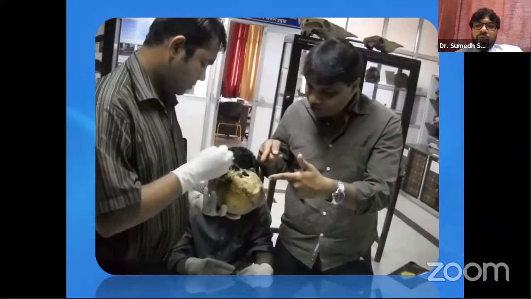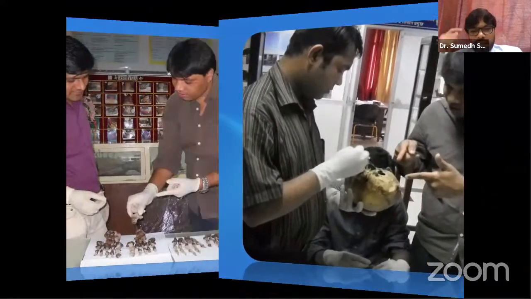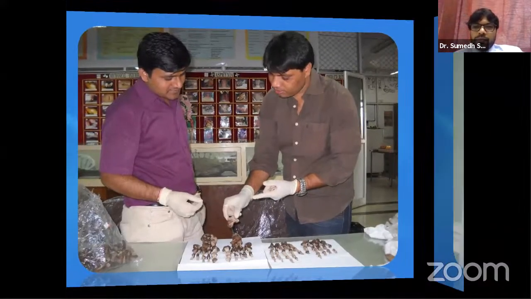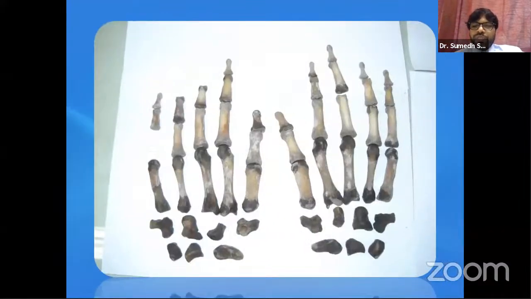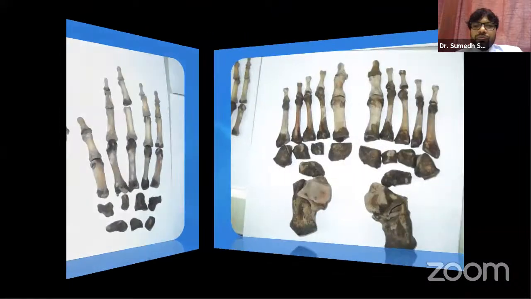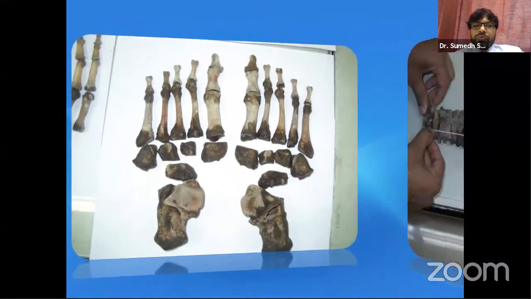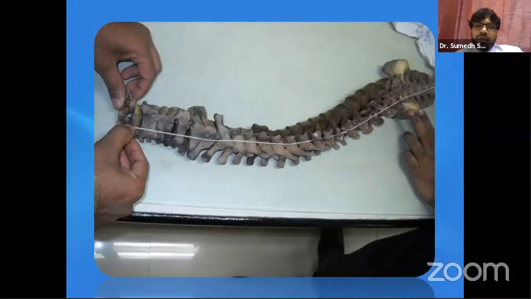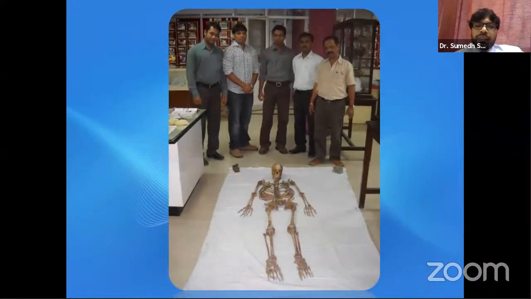This is how we examined each and every bone, including the small bones also: carpals, tarsals, vertebral column, along with the sacrum. This is a combined venture.